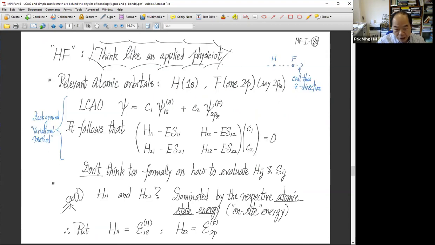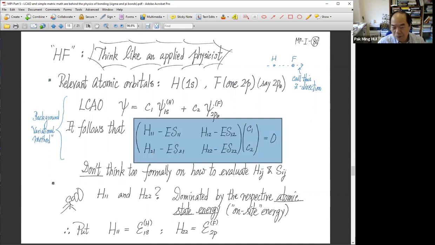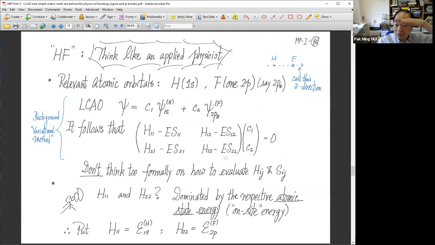So I have two things forming a linear combination, hopefully forming two MOs for me. So I set up the variational calculation. There will be a 2x2 matrix problem. I solve the determinant equals 0. I will get the push down and push up, the bonding and anti-bonding states.